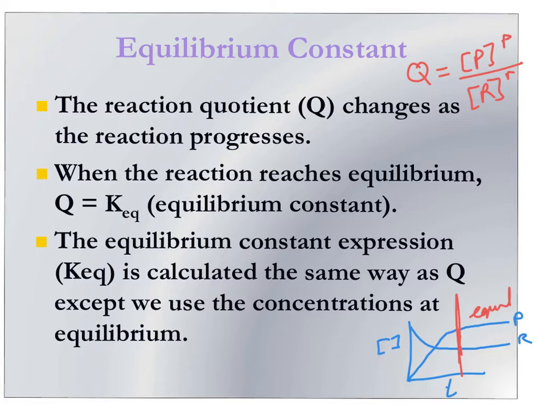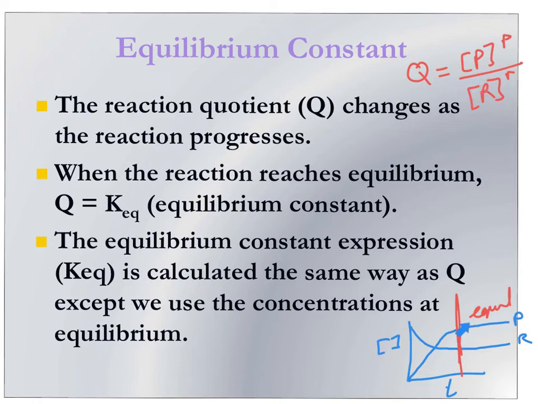Products are at 0 right there. Reactants are pretty high, right? So 0 are your products over a big number. 0 over any number is 0, right? So your reaction quotient starts at 0, right? As time goes by, my products increase, my reactants decrease, and so I start getting a positive value, right?